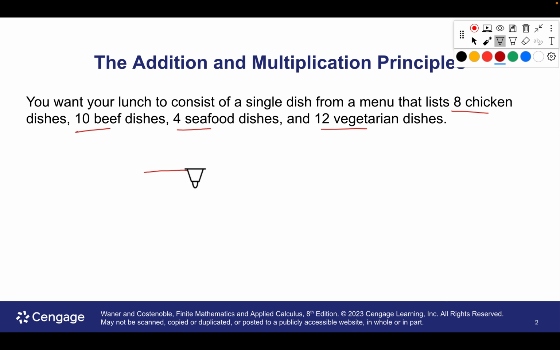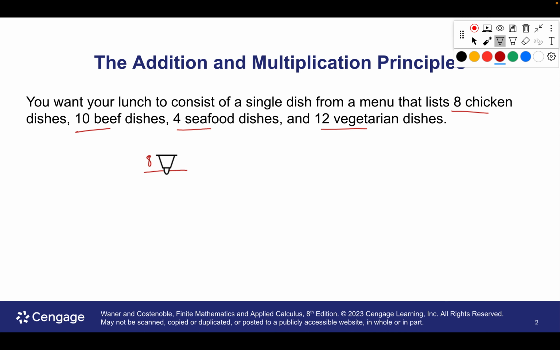Certainly if they just had the 8 chicken, I have 8 things to choose from. If they add another menu that has 10 beef things, how many more choices do I have? 10 more. So it really is as simple as 8 plus 10. Because these are additive, these are just more choices to make. We're going to see that multiplication comes in differently.